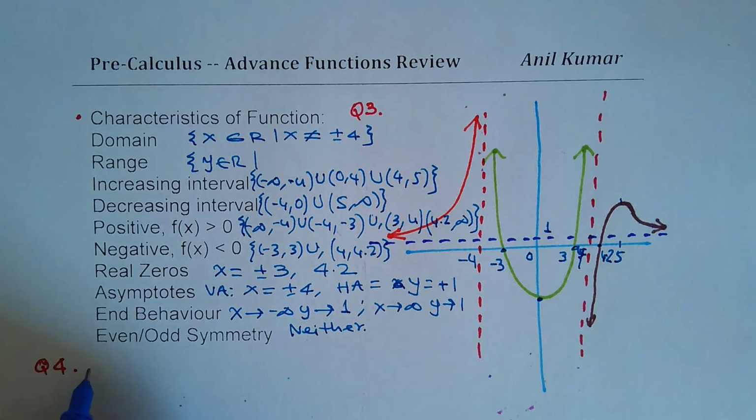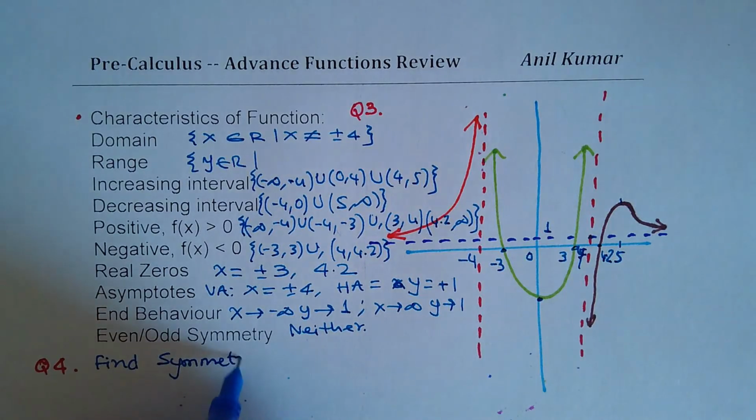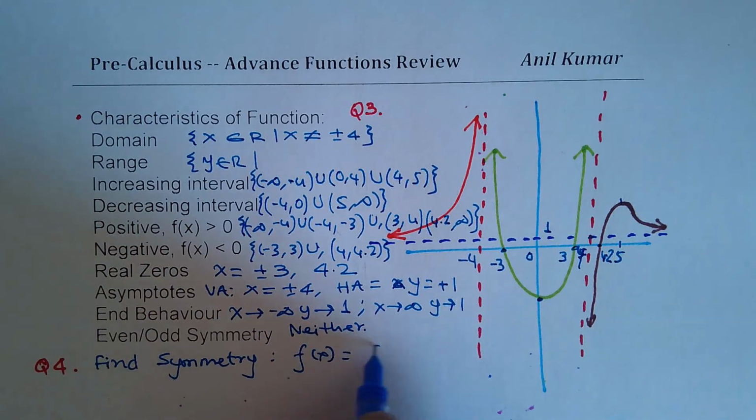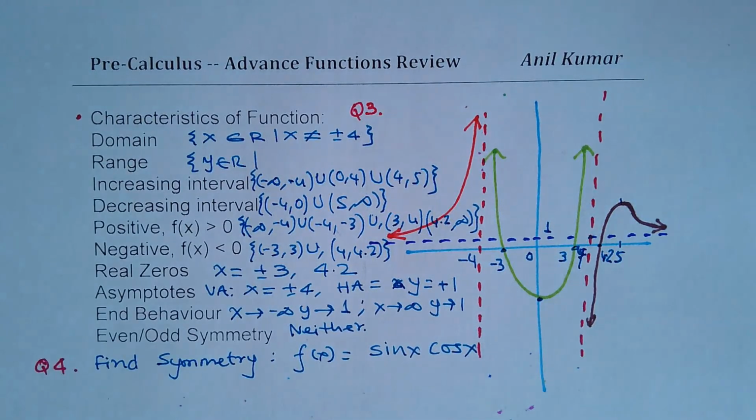So check, find symmetry for these functions, let's say f of x equals sine x cos x. Now this function, does it have even symmetry or odd symmetry? That is your test question. Is that okay? Now figure it out. I'll give you the answer that this has odd symmetry.